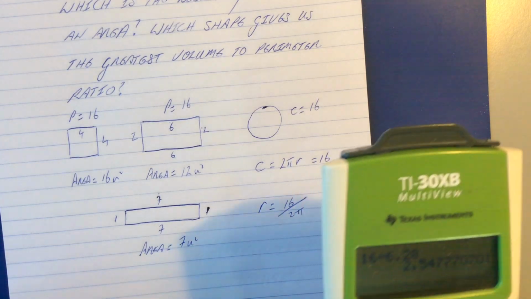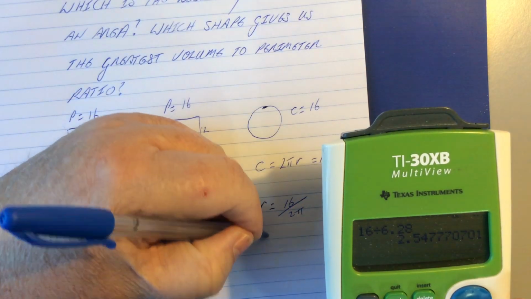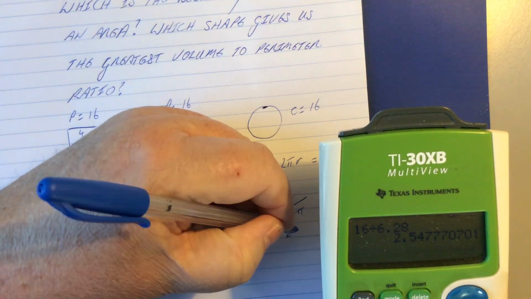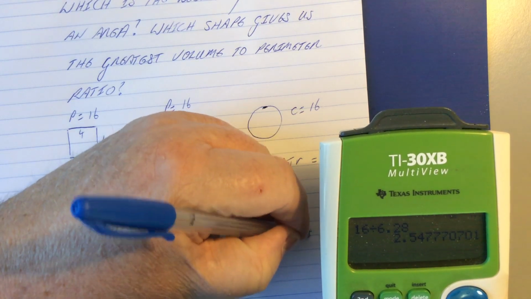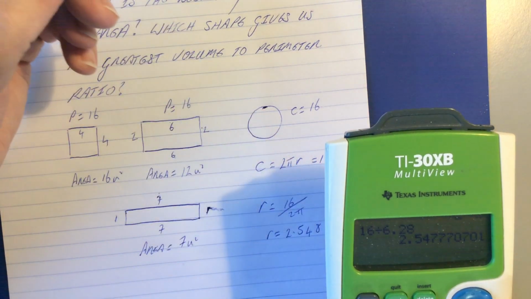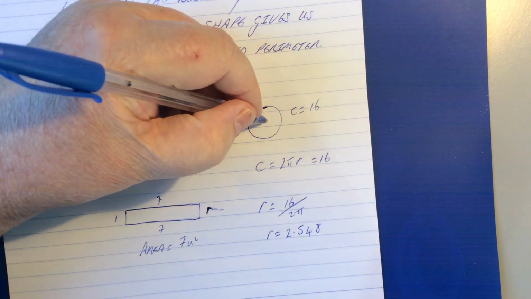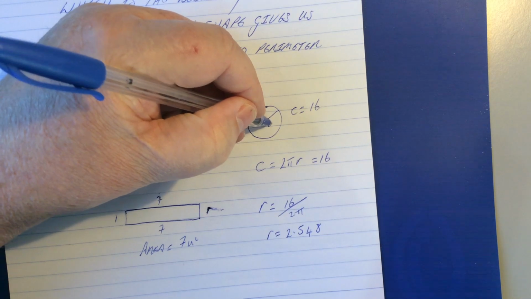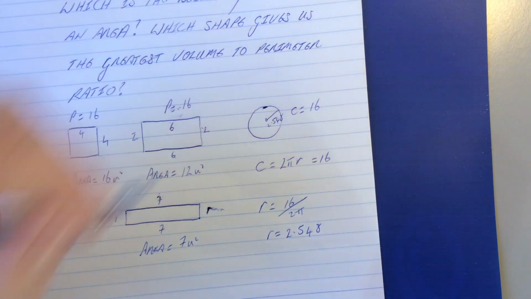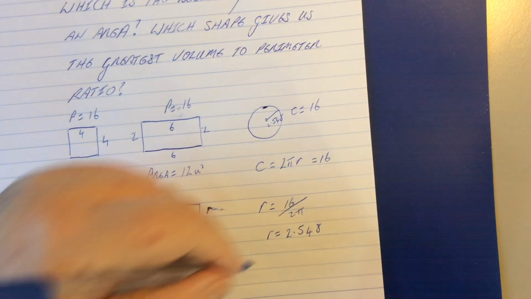Okay, so we have a number. R is equal to 2.548. Let's just do some rounding. Okay, now what we're going to do is we're going to find the area of this circle with radius 2.548.